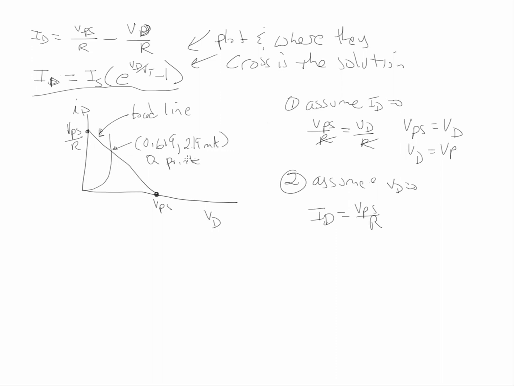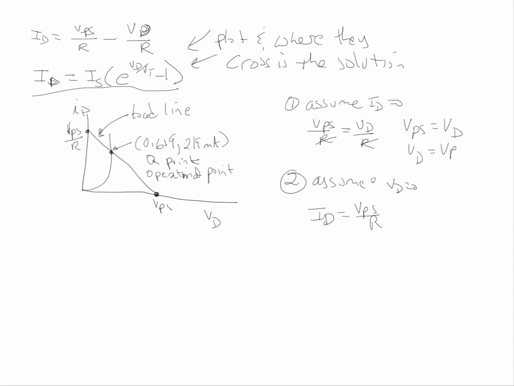And that's where they cross, and they call that the Q point. I think a better name would have been the O point, but basically it's the operational point. So that's where the circuit and the elements all operate. They call that the Q point or quiescent point.